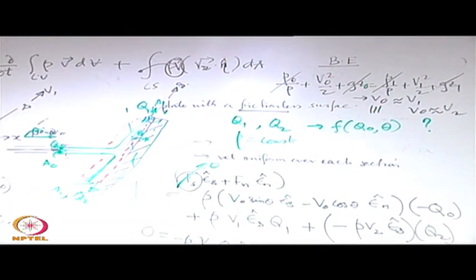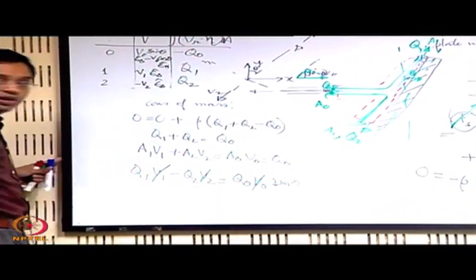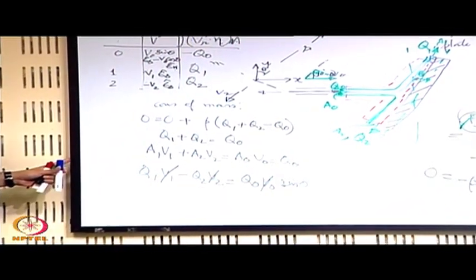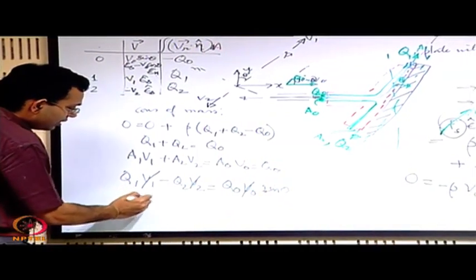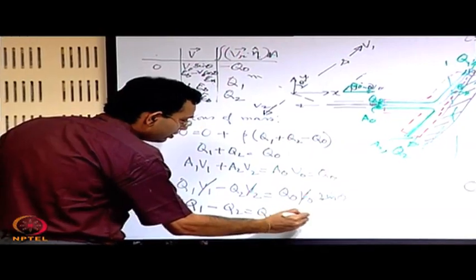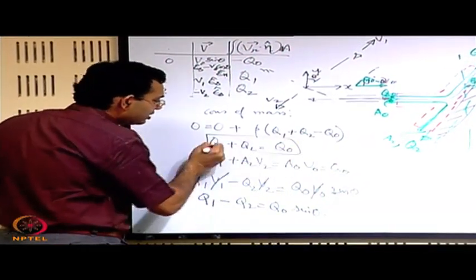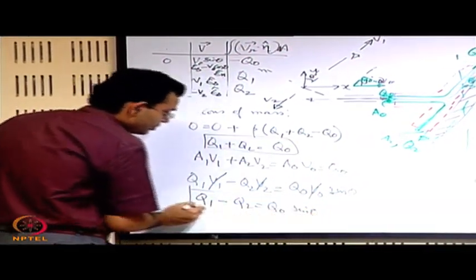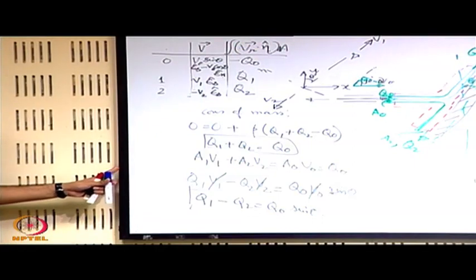So in this expression where you have V1, V2 and V0, you can cancel that from both sides. So what you get? You get Q1 minus Q2 is equal to Q0 sin theta. So let us see, we get two expressions involving Q1 and Q2 in terms of Q0 and theta.